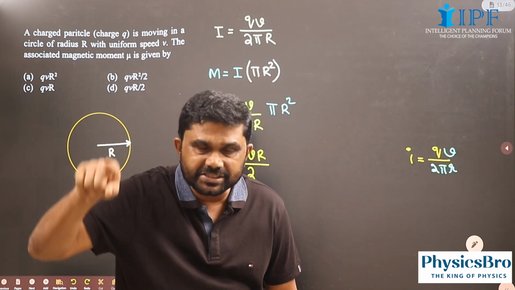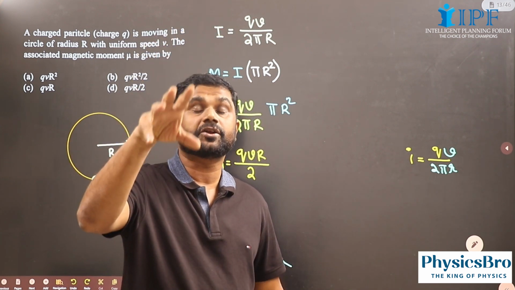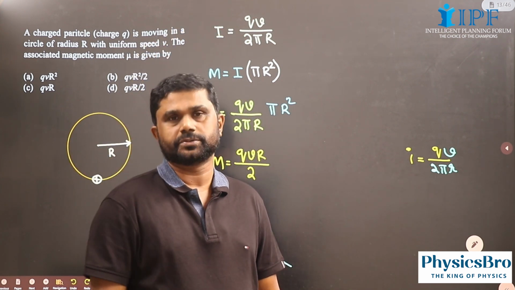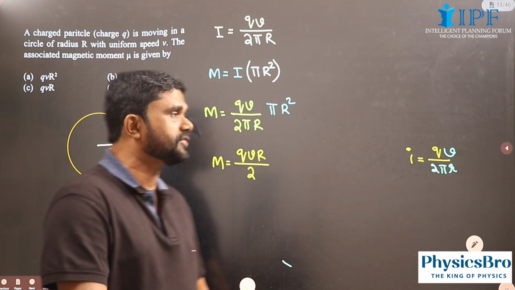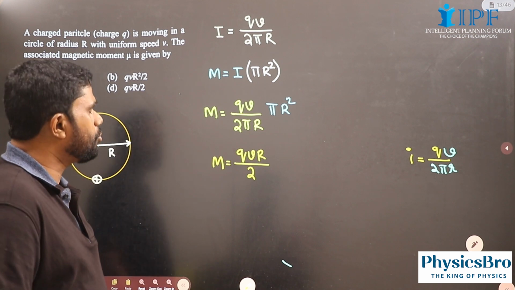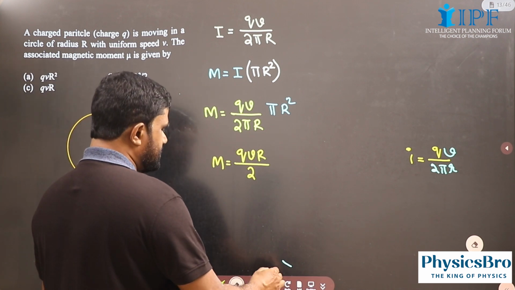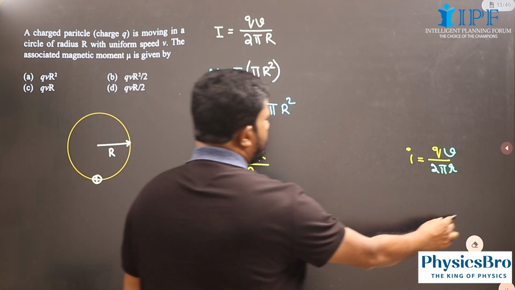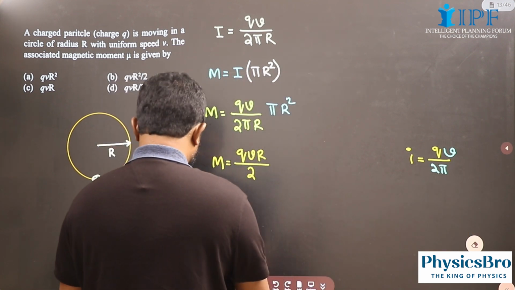As the particle is revolving in a circle, this is the current and it is equivalent to a circular current loop. And the magnetic moment is current into area of the loop. Current is qv by 2 pi r, that we have got. Here the radius is capital R, that is the given radius.